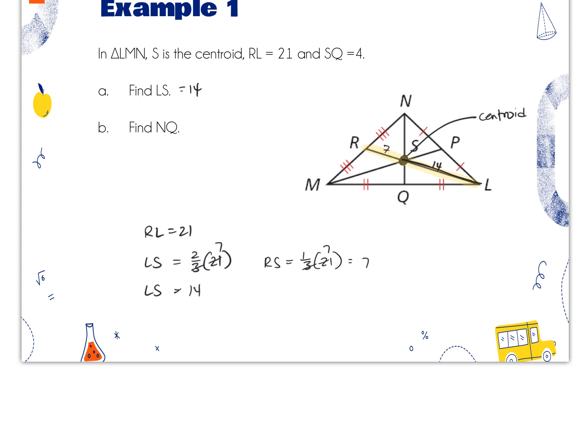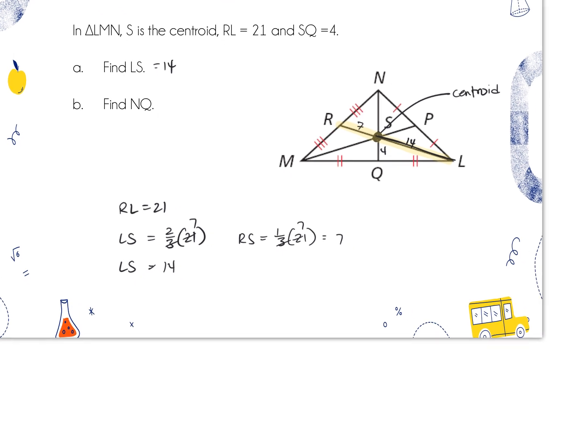Okay? And then again, I go to the next question. They tell me that SQ equals 4. Now they're giving me the bottom piece, right? Well, I know that SQ is going to equal 1/3 of the entire segment NQ. So I can work this out a little bit backwards. If I know SQ is 4, then it's 1/3 of NQ, whatever NQ is.